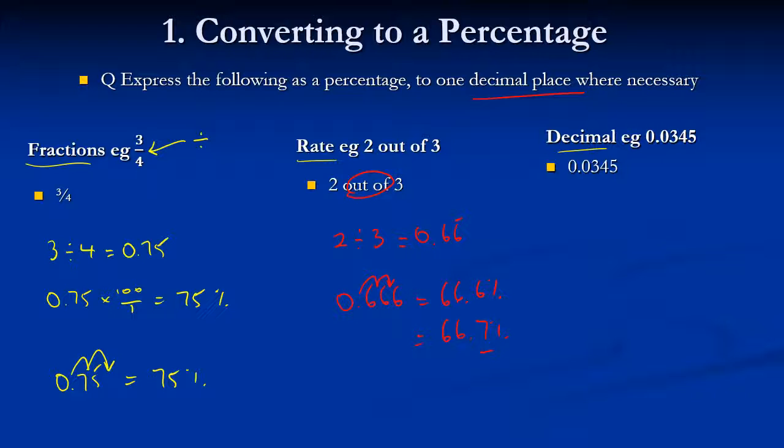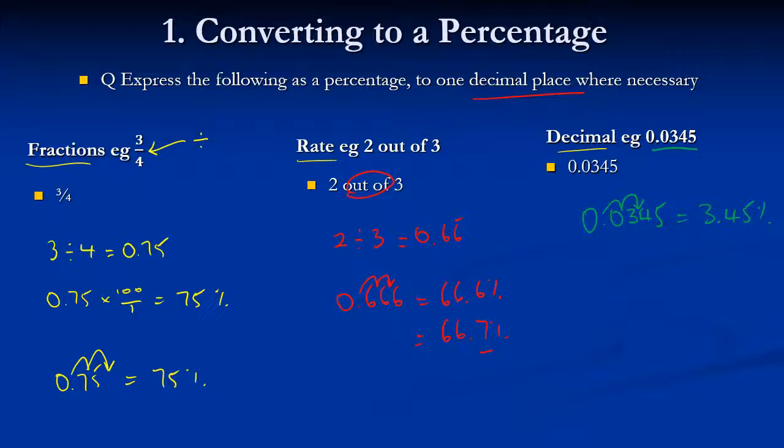Now finally, the decimal, that's going to be very straightforward to convert to a percent. So we've got 0.0345. We're going to be multiplying by 100. So we can just move that decimal place a couple of places. So let's have a look what we're saying. So it's going to be 3.45%.